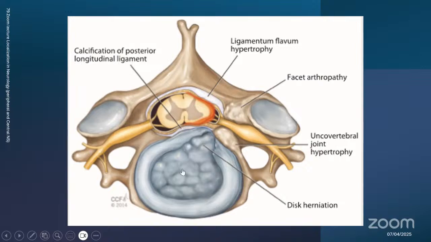This is the disc herniation that can cause pressure on the root. And you see, spinal cord is covered by ligaments. This is a posterior longitudinal ligament, and this is a ligamentum flavum. So you should remember this anatomy because it is very important anatomy for the spinal cord.